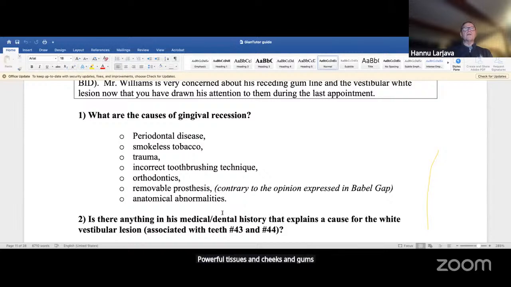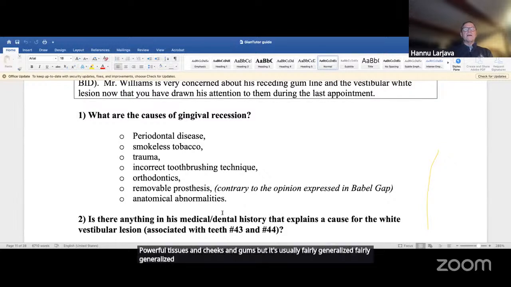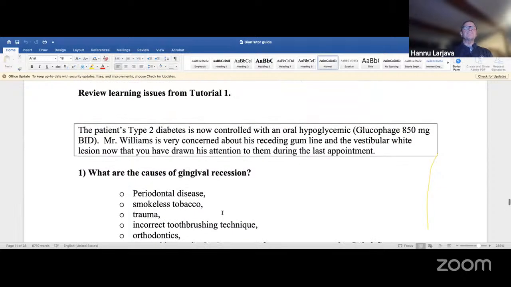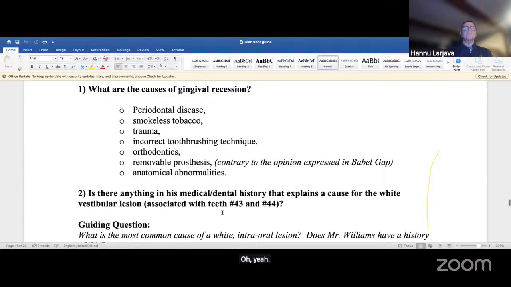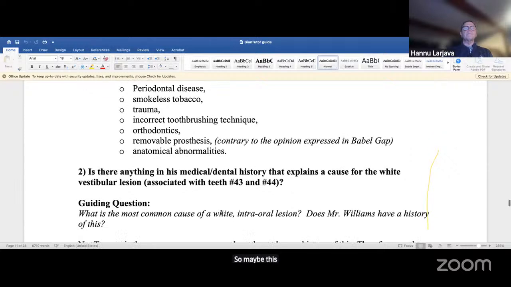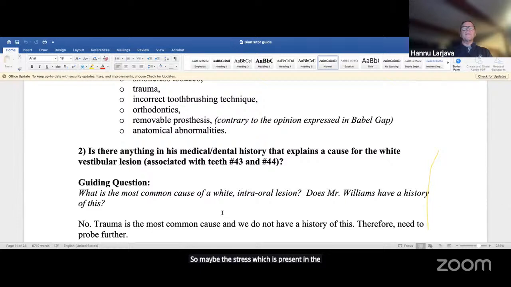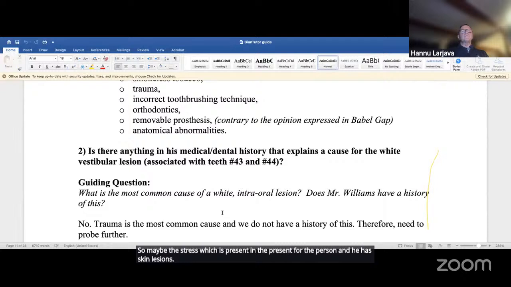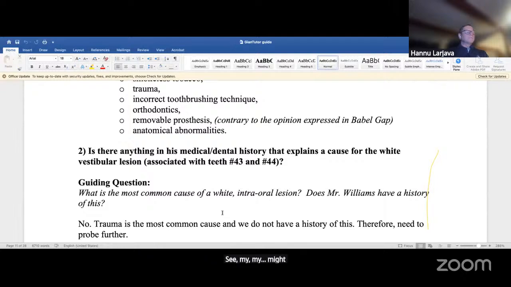But Bill Williams has a very localized leukoplakia. So should we ask him some more questions, and what should those questions be? Maybe the stress which is present for the person, and he has skin lesions, eczema, might be the patient has lichen planus.